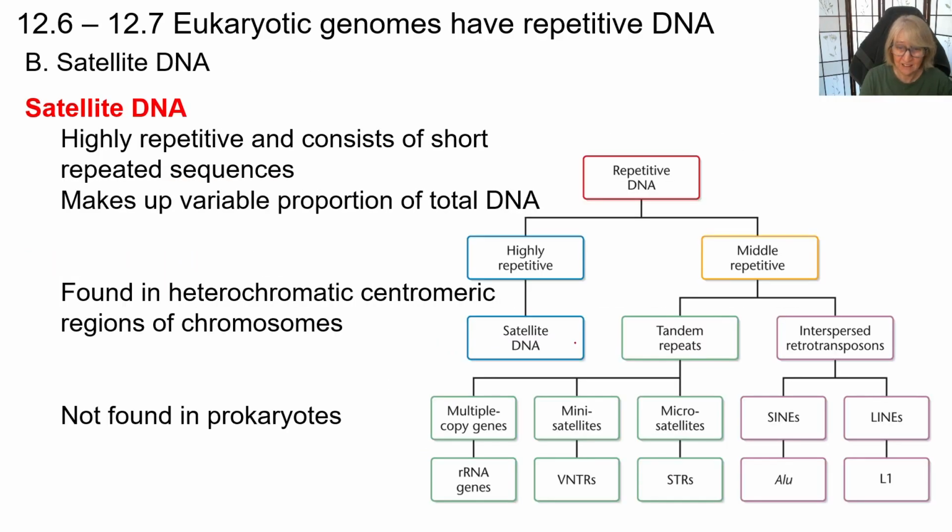Satellite DNA here are repetitive sequences of short repeats that make up, depending on who you are, a variable portion of your total DNA. We find them in heterochromatin, so DNA that is not particularly used during the lifetime of an organism. They don't seem to be found in prokaryotes.